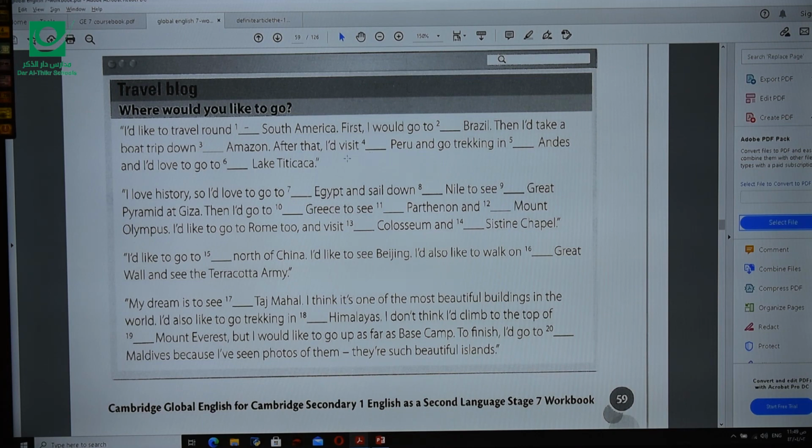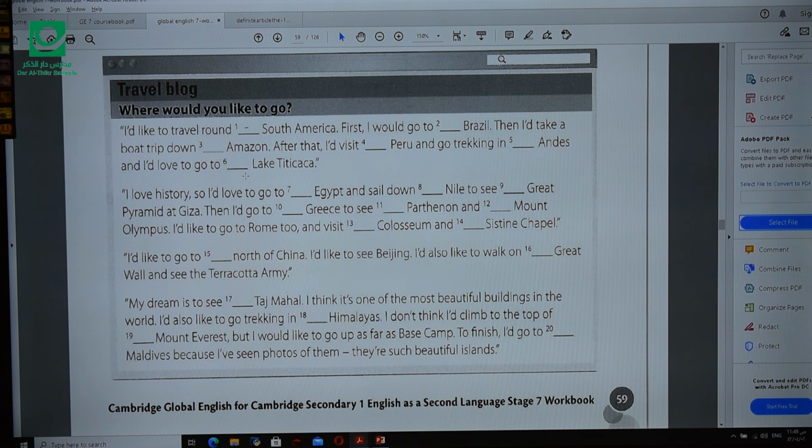Great guys, mashallah. Peru is a country, and go trekking in the Andes. Well done, because this is a mountain range. And I would love to go to Lake Titicaca. That's a lake, so I will not use any article.